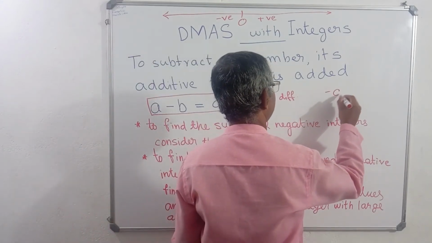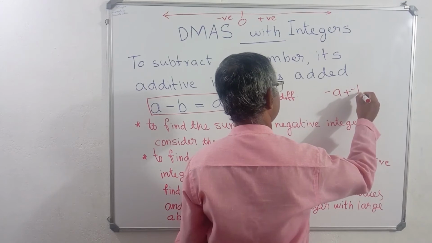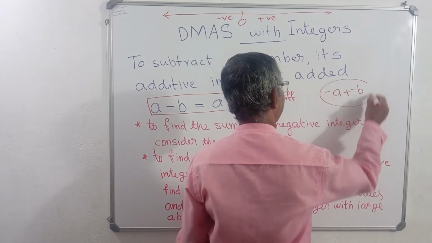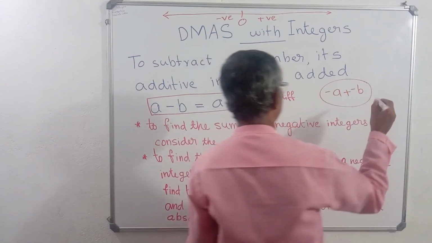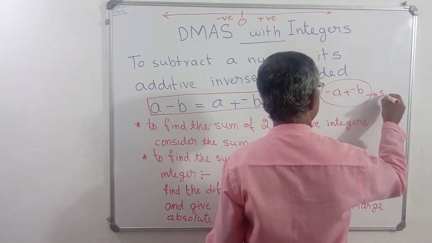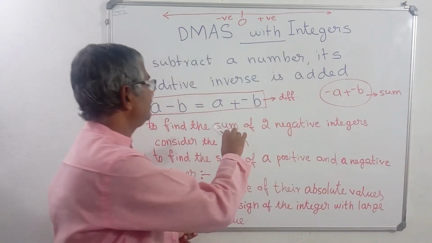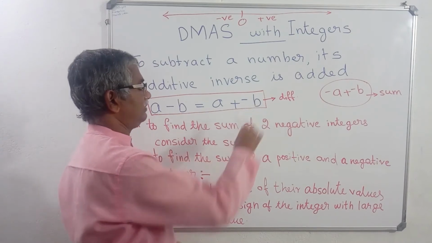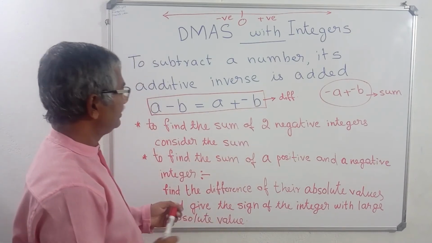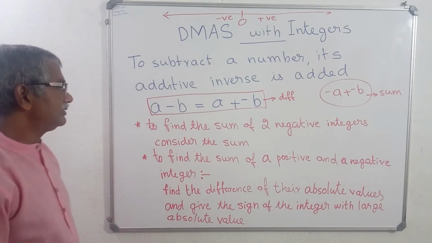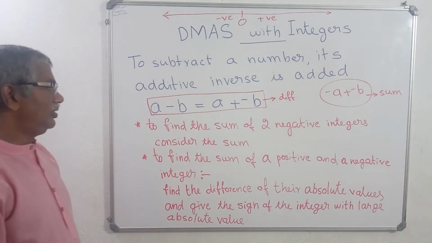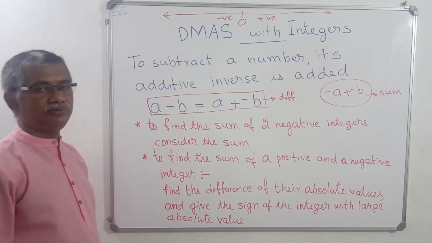Consider negative A plus negative B. What we are doing, we can consider the sum. If one is negative and the other is positive, what can we do? We need to find the difference of their absolute values.